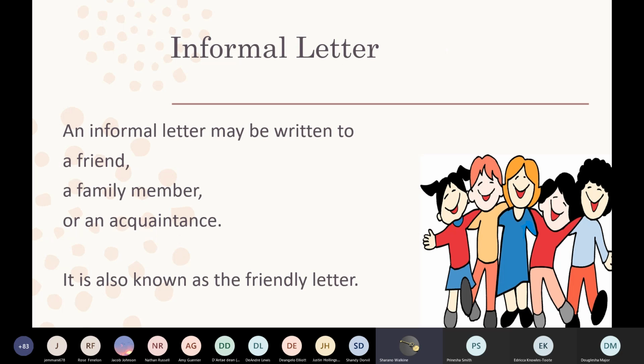So we talked about an informal letter and the fact that it is usually written to a friend, family member, or acquaintance. The tone is generally casual. What's another word that starts with F that means casual, laid back, cool, in terms of the tone of a friendly letter? Let me see if anyone knows this one.